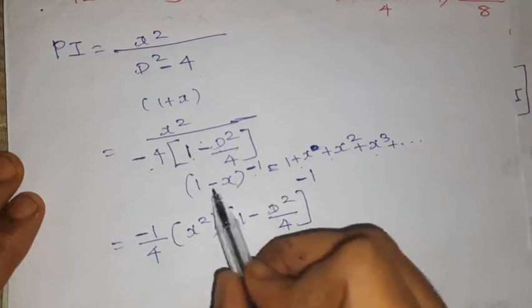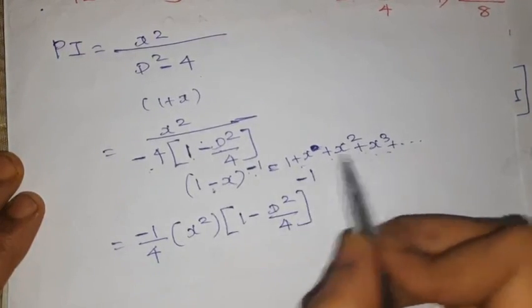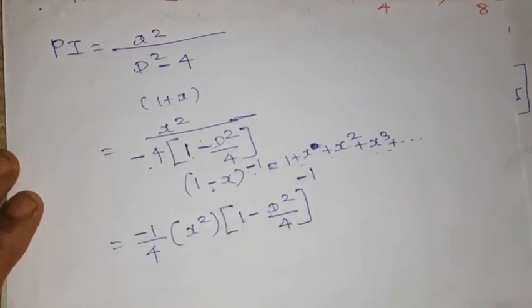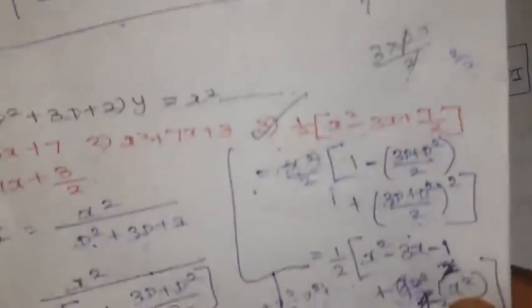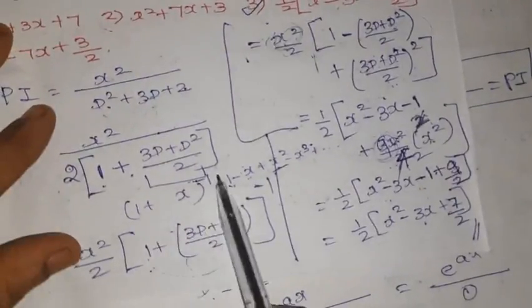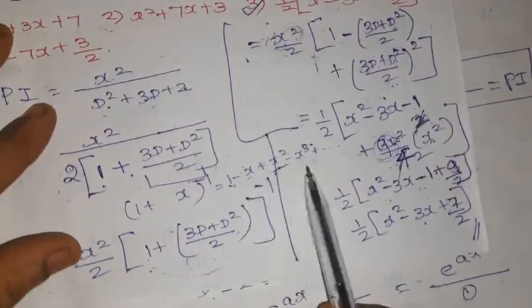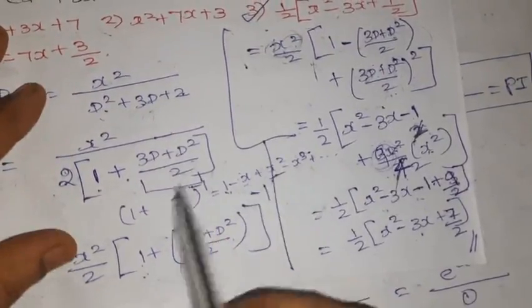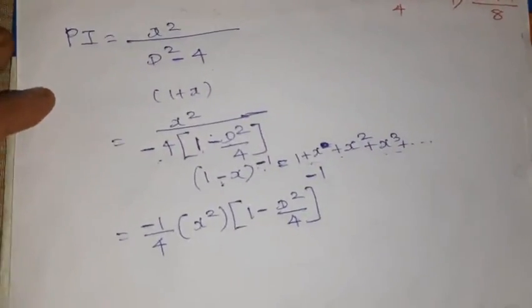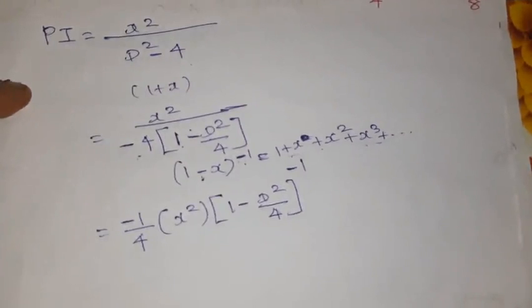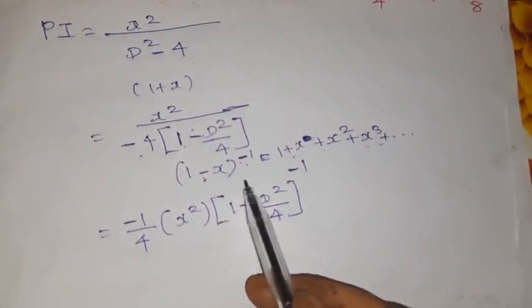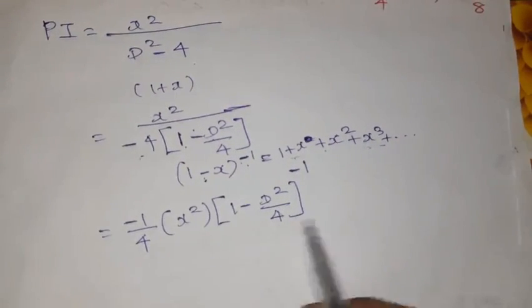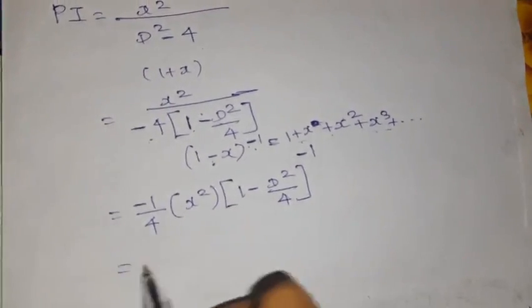Whenever both are minus signs, we will get only positive signs. For 1 plus x the whole power minus 1, as seen previously, we get alternating positive and negative signs. So whenever both are negative, we get no sign changes, only positive terms. We should be very clear about the expanded terms.